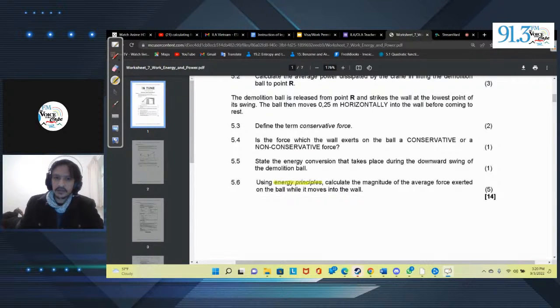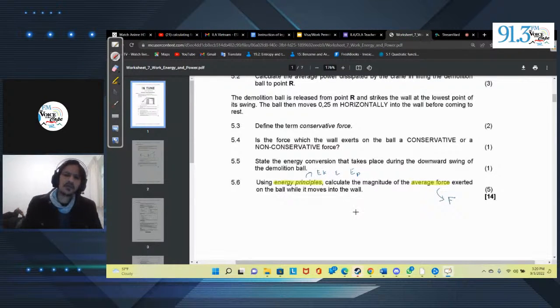Of course we're going to be using our kinetic energy and our potential energy to calculate the magnitude of the average force. So things to note: we're looking at force, and we are looking at energy, so we're looking at EK and EP, kinetic energy and potential energy.